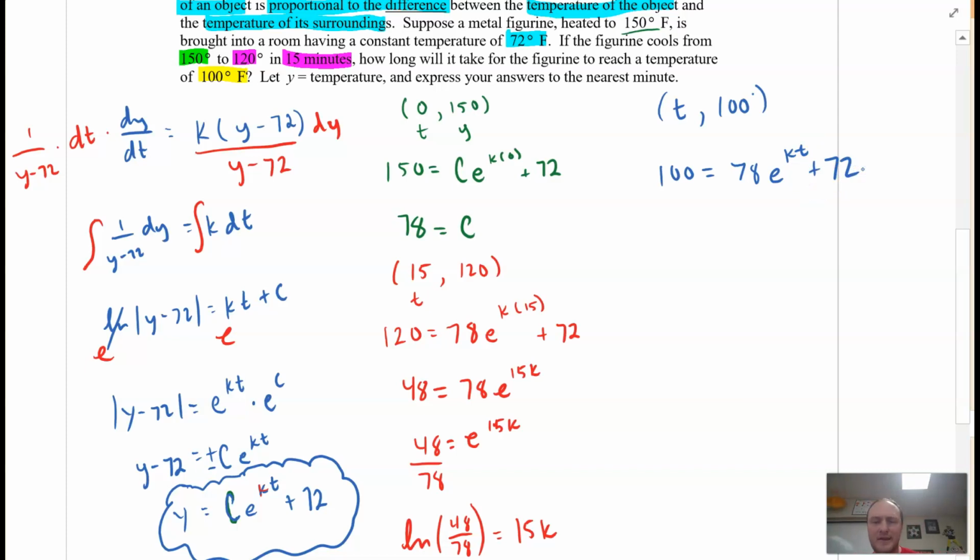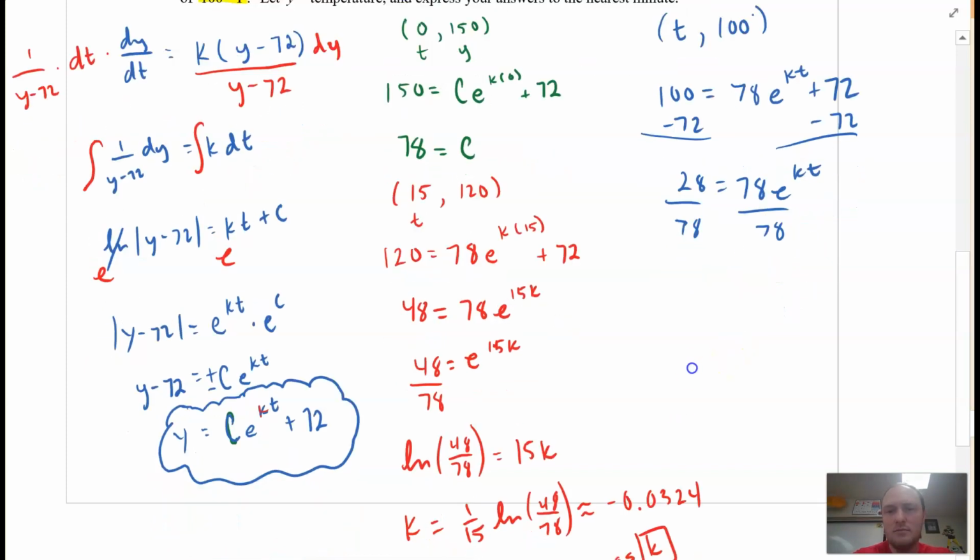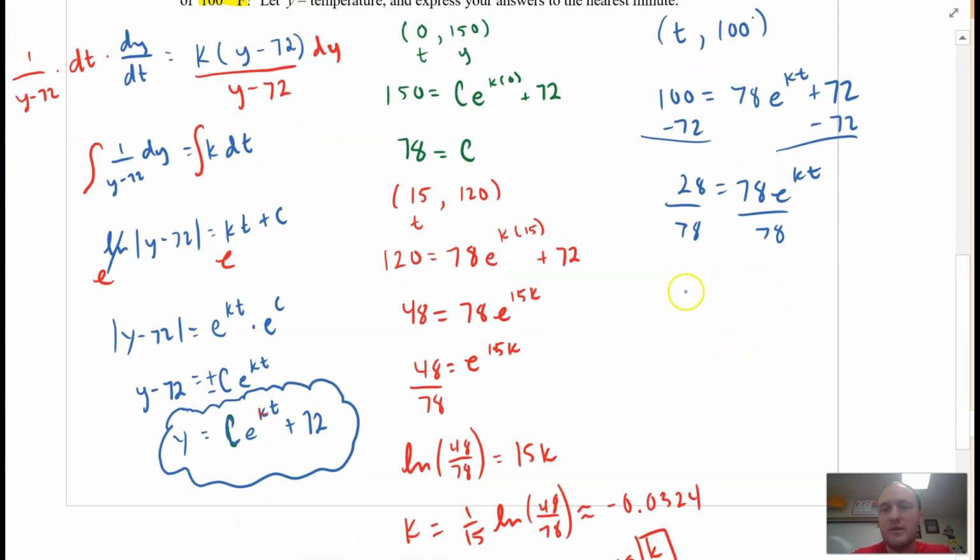We know that k is that number that we just solved for. So I'll subtract both sides by 72, and we get 28 is equal to 78 e to the power of kt. Divide both sides by 78, and we get 28 over 78 is equal to e to the power of kt.